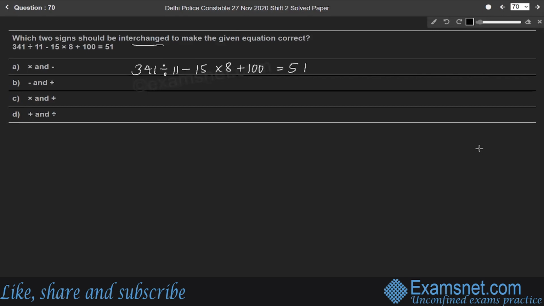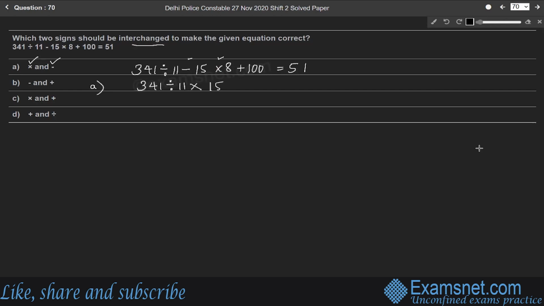So option A. If we interchange the multiplication sign and the subtraction sign, what happens to the given equation? 341 divided by 11, so instead of minus, we use into 15.